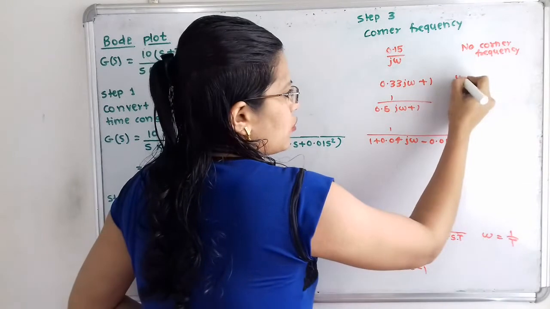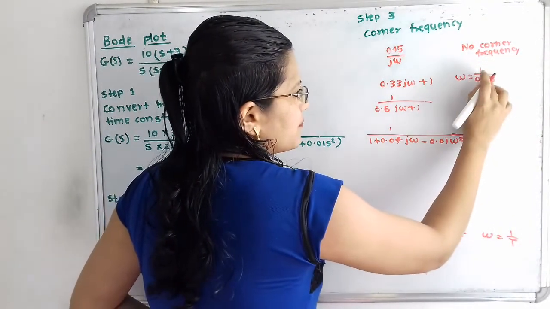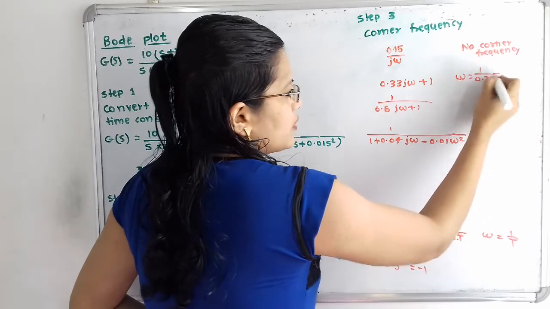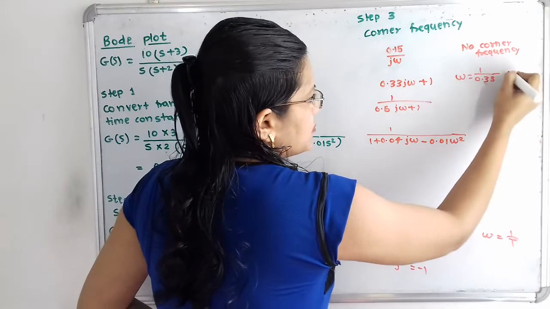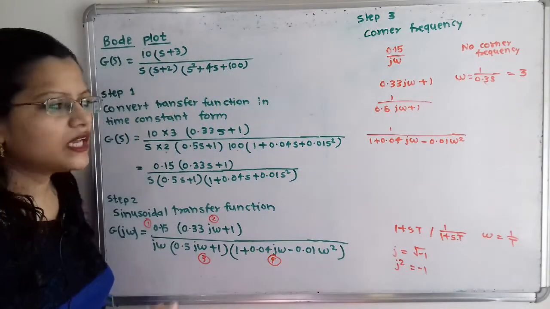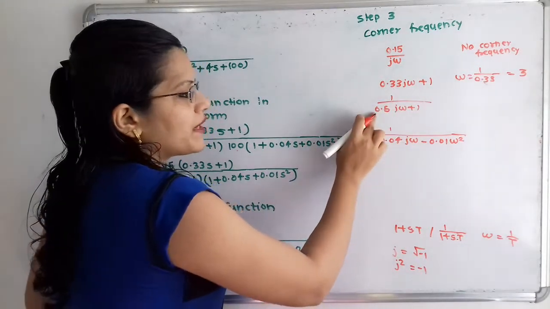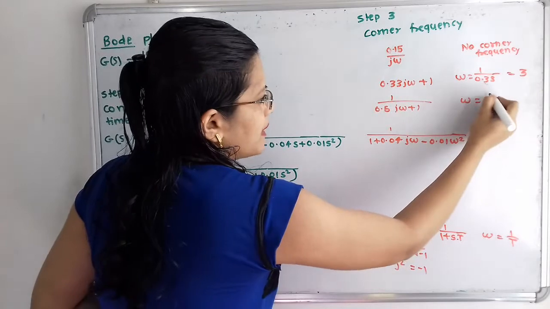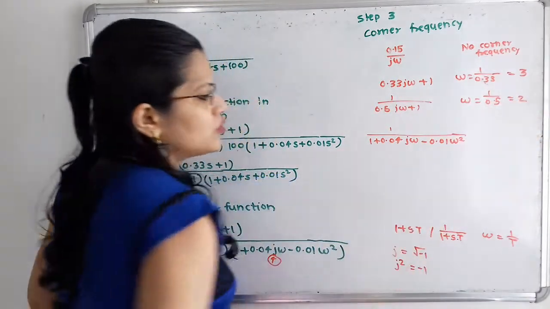So I will say that omega is equal to 1 divided by 0.33. So what is this 1 divided by 0.33? That means we can say it is approximately equal to 3. Then again next form is 1 divided by 1 plus j omega t. So omega is equal to 1 by t, that is 1 divided by 0.5, which is equal to 2.